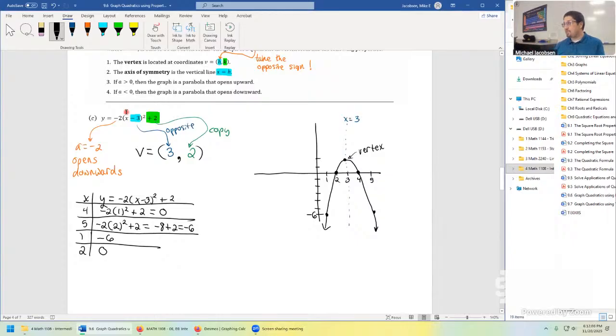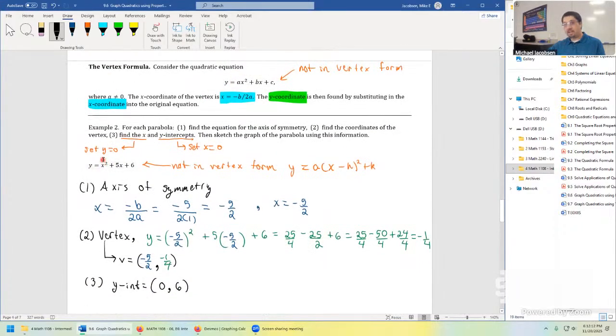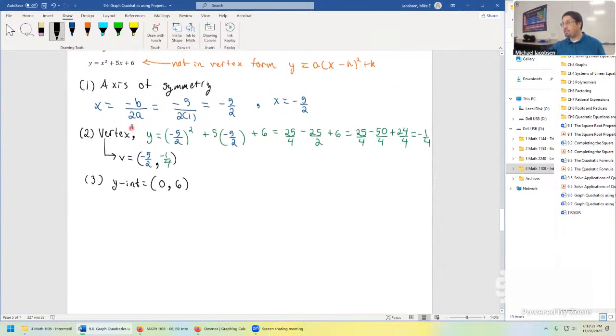So it goes wrong when it's in vertex form, which is unusual and kind of interesting. But if this is all expanded out, and it's in this format, then x goes to 0 here, 5x goes to 0 here. The y-intercept value is just a 6. So that's nice. It means finding the y-intercept is really, really rapid on this one.